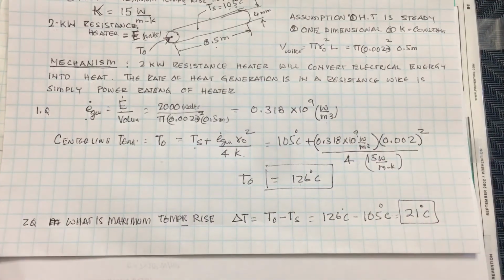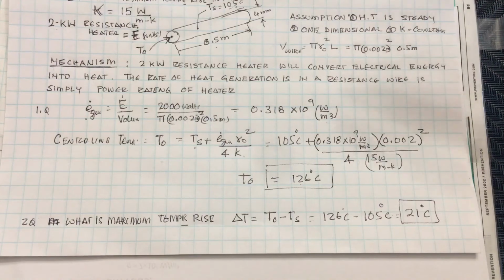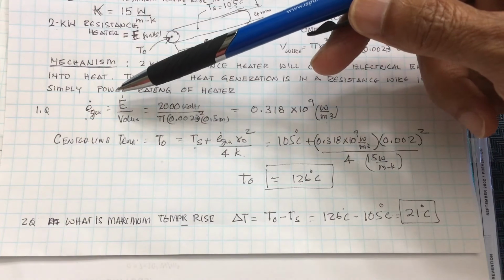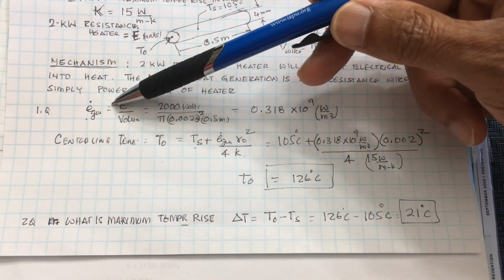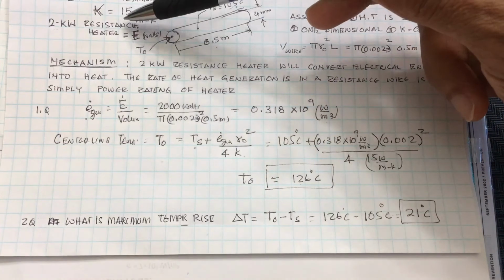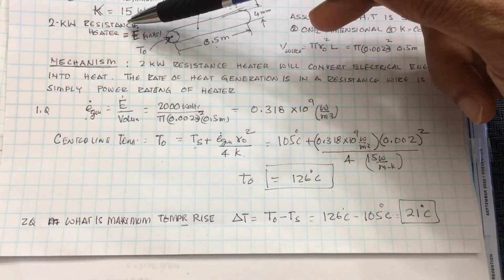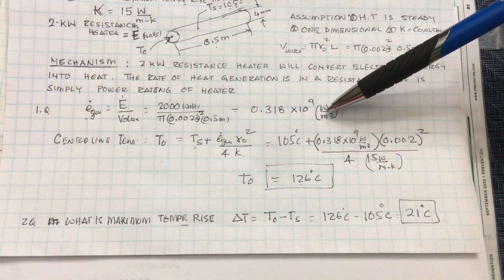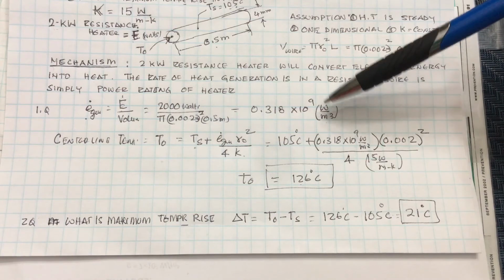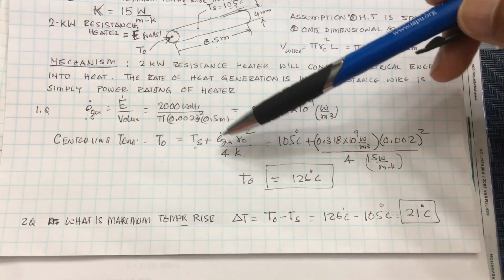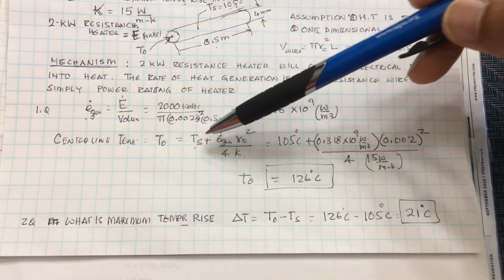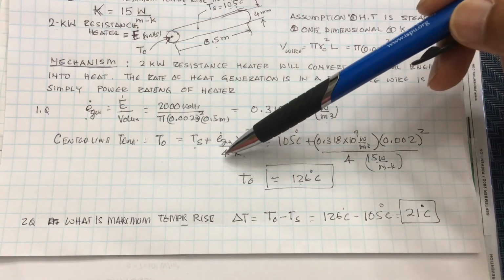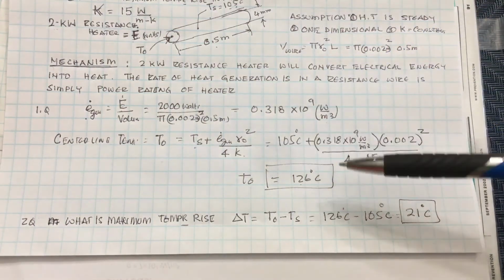Just to summarize this problem very quickly, whenever they are looking for center line temperature, first you find out energy generated per unit volume, and to do that you take the power rating of the wire, which is 2000 watts, and you calculate energy per unit volume, and then you use the second formula, which is T center line equals Ts plus energy generated per volume times radius square divided by 4 times the thermal conductivity, and you find the value.